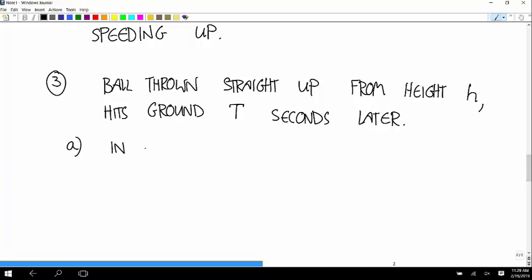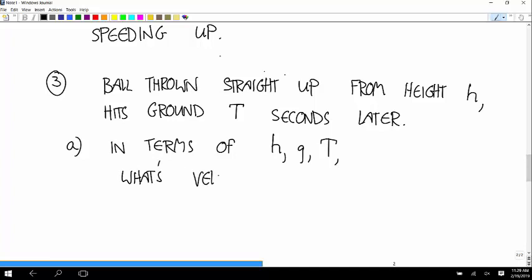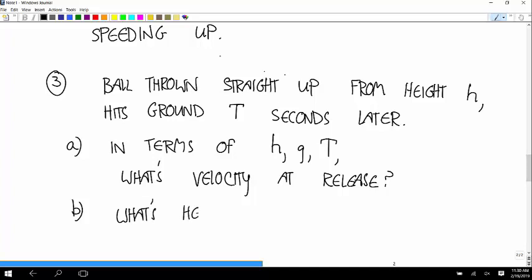So using these constants in terms of h, g, that's 9.81 meters per second squared, and this capital T, we want to find the initial velocity. And then second, what is the ball's height at the highest point?